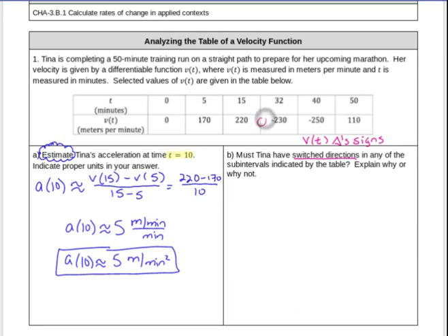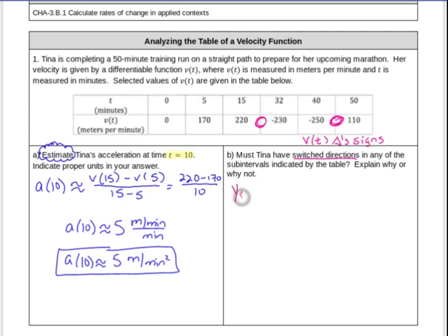We can recognize that somewhere on this interval between 15 and 32, we went from a positive velocity to a negative velocity. And somewhere on this interval between 40 and 50, we went from a negative velocity to a positive velocity, which means yes, Tina must have switched directions.